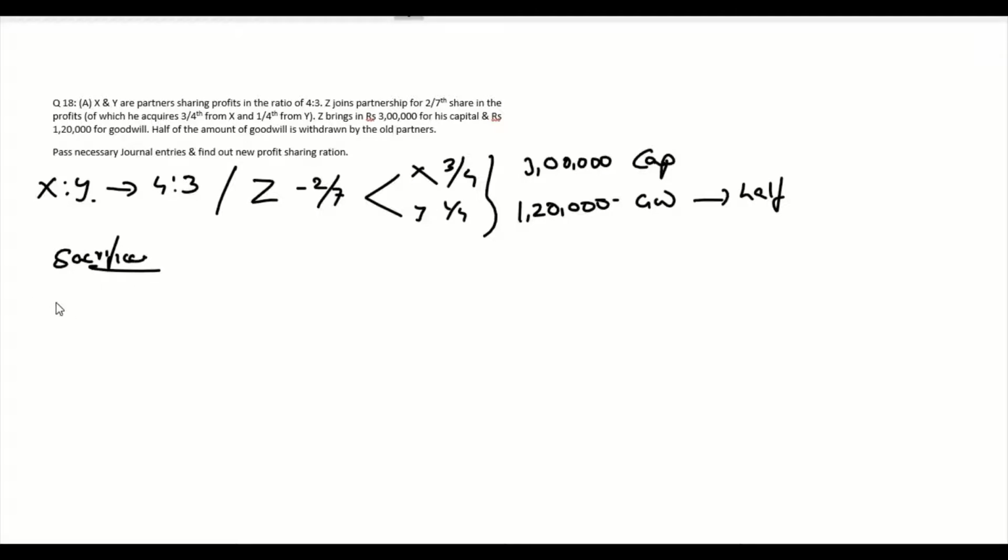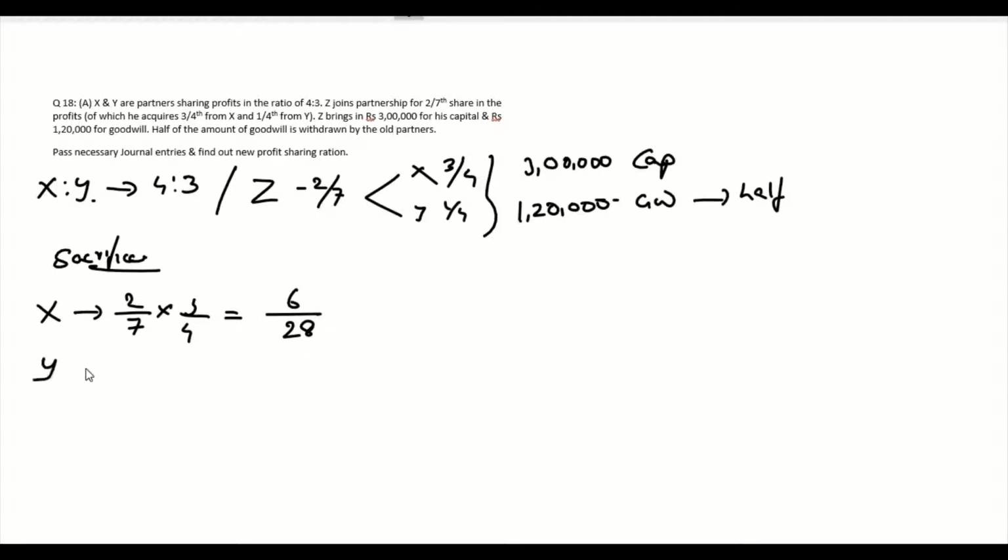So here Z is going to get 2/7 share of profit. He is acquiring 3/4 of this from X. So 2/7 into 3/4 is equal to 6/28.